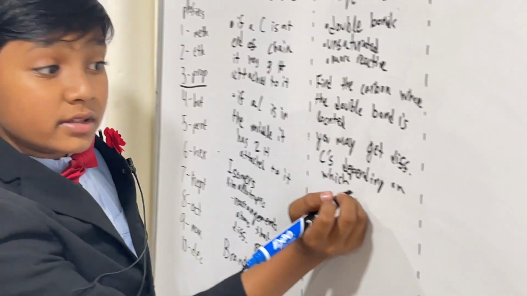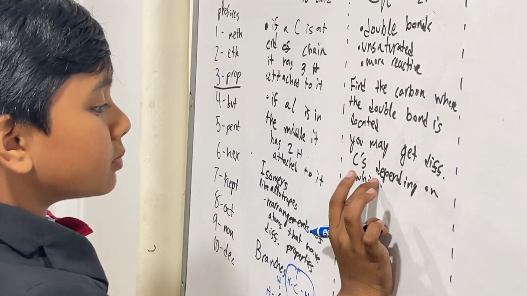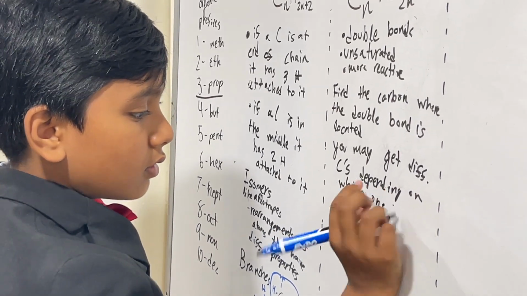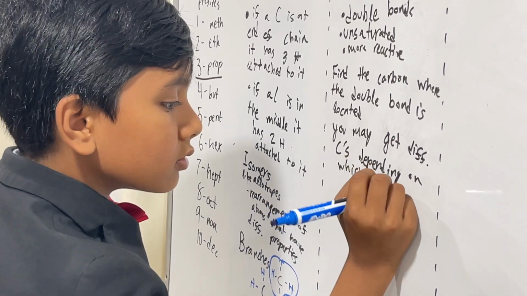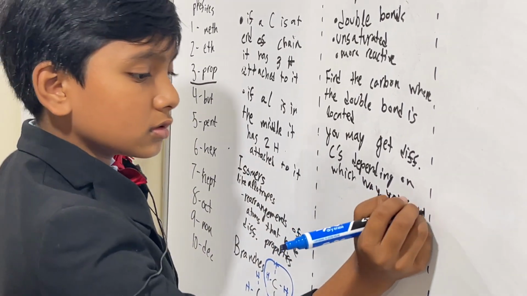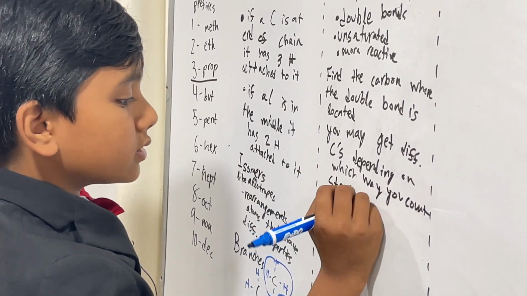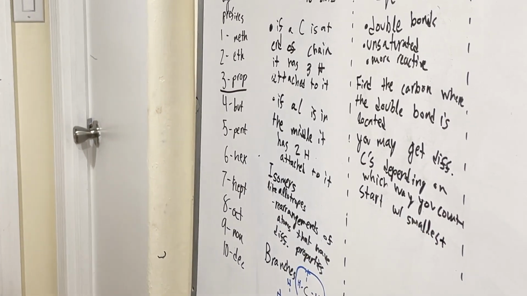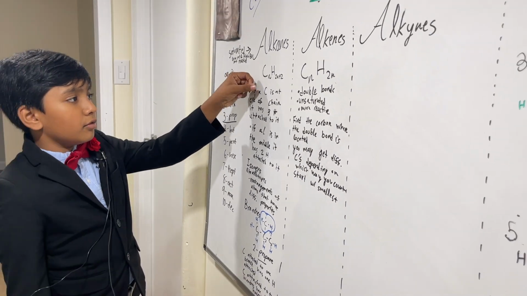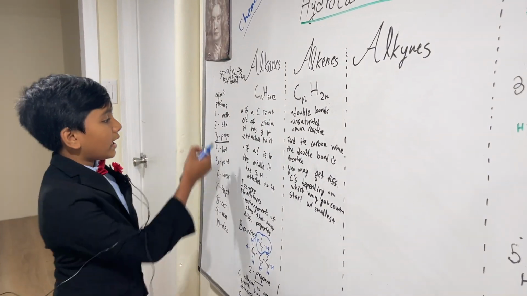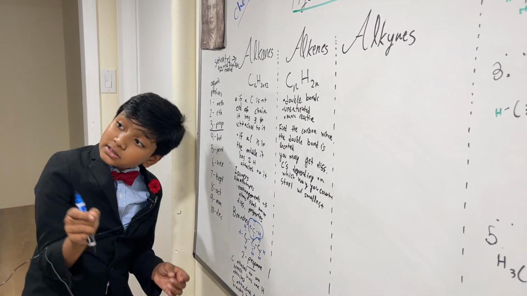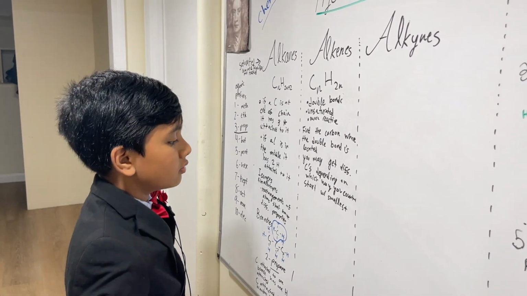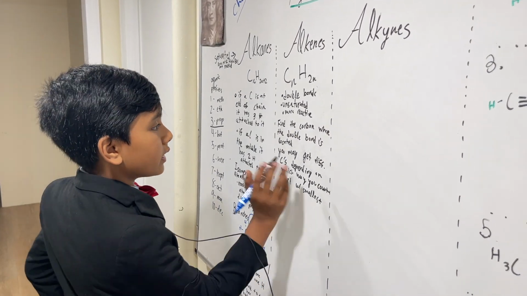So use the smallest one. Use the smallest chain, whichever way you count. Start with the smallest. Oh yeah, and did I forget to mention, if you have this carbon chain, you're going to name it after the largest carbon chain. So, you count and start with the smallest, yada yada.